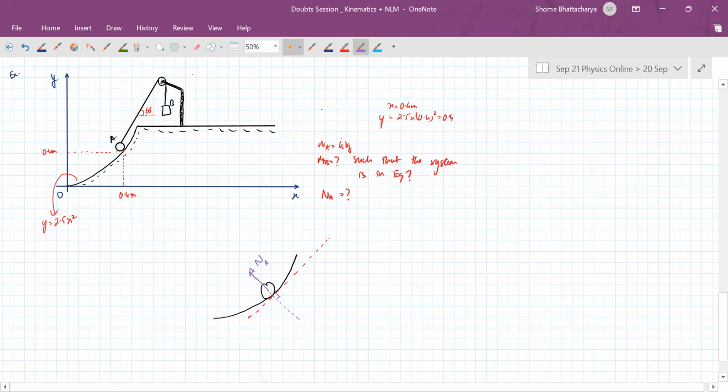We are acting along this line. Okay. So for that, to see this tangent, if this point of contact is P, let's say, that has coordinates 0.4, 0.4 in meters. Okay. So at the point P, the slope of tangent in general is dy by dx.